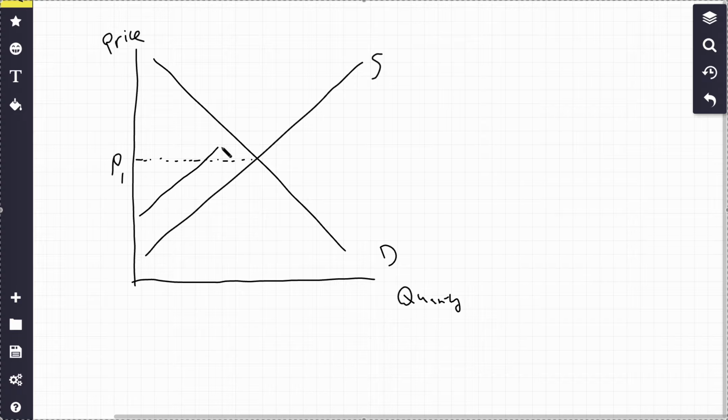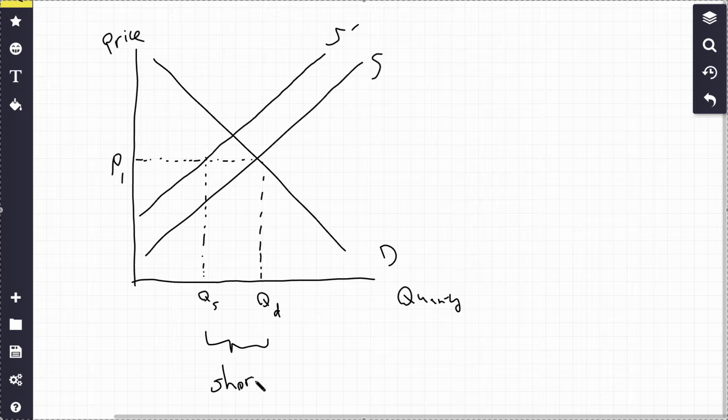However, supply decreases because something happened that made it more expensive for the firms to produce, and in that way this will be the new quantity supplied, and this would be the new quantity demanded. So this is shortage. And how do they solve shortage? The market drives up the price so they can get back to the equilibrium where quantity supplied and quantity demanded equal each other.